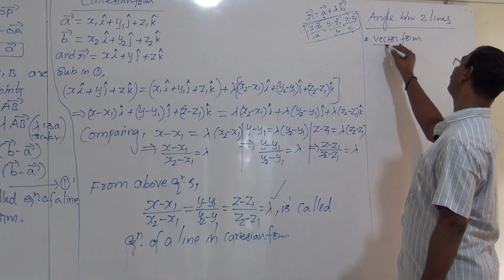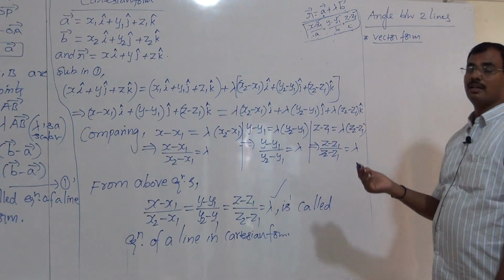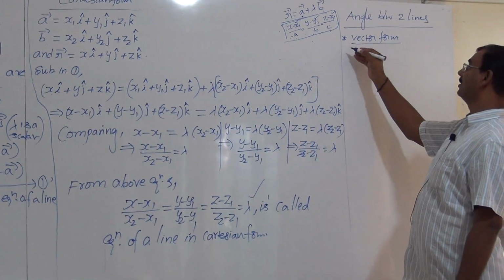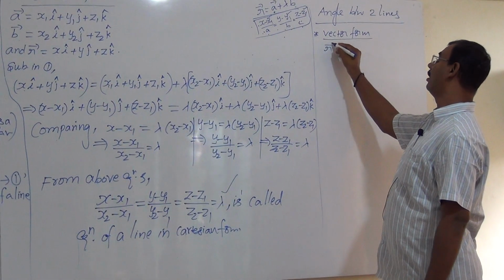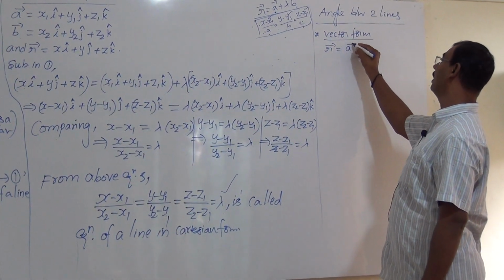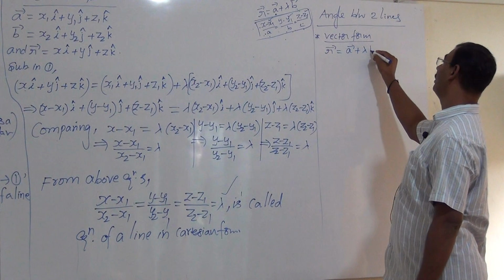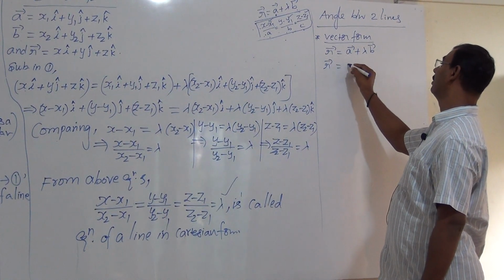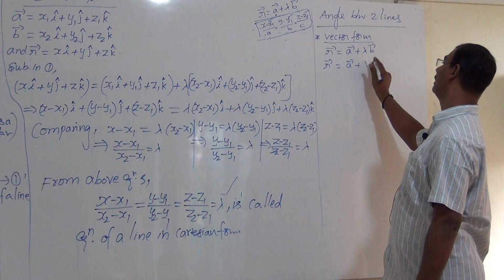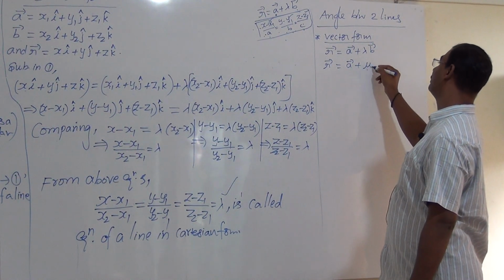In vector form, for the angle between two vectors, I am taking two lines. R bar is equal to A vector plus lambda times B vector, and another line R bar is equal to A vector plus mu times B bar.